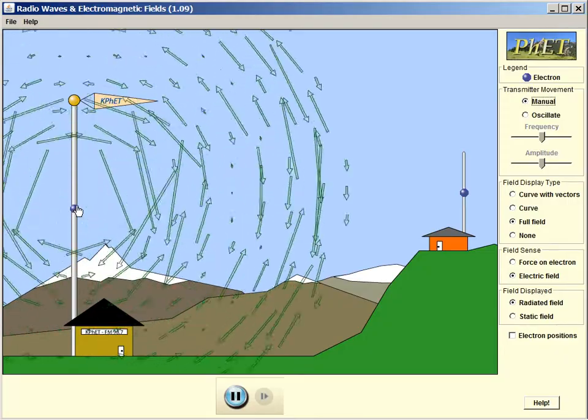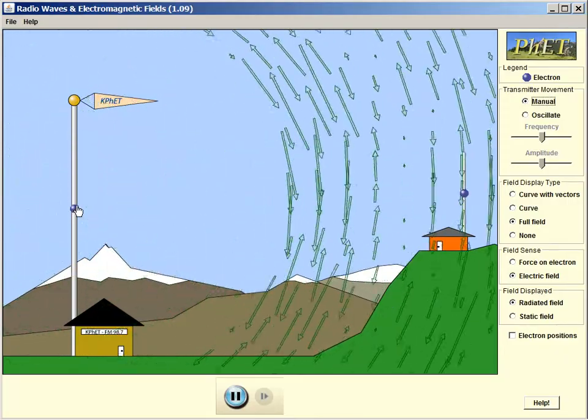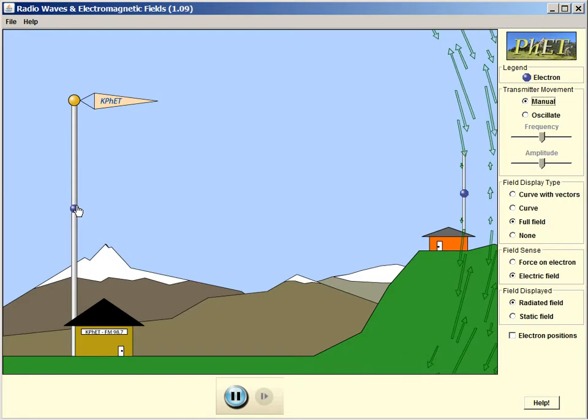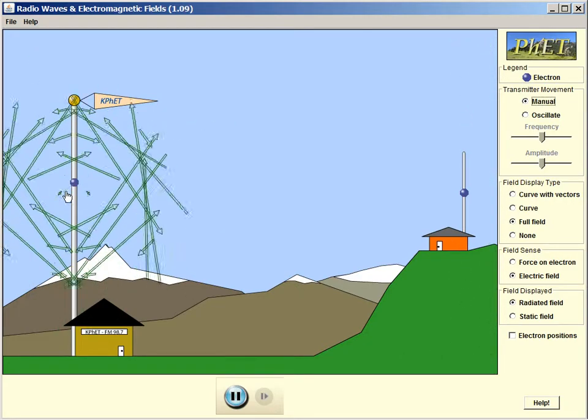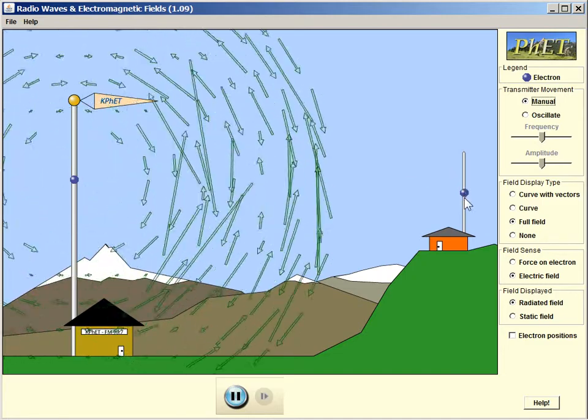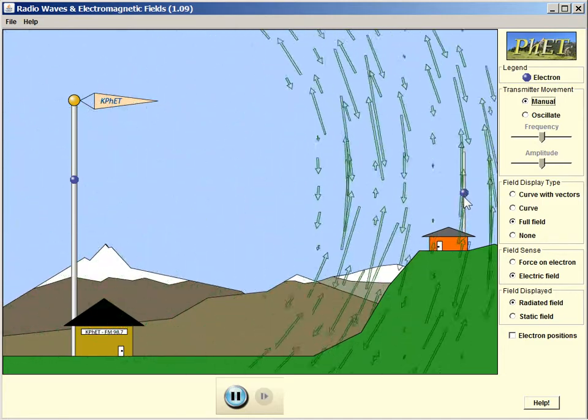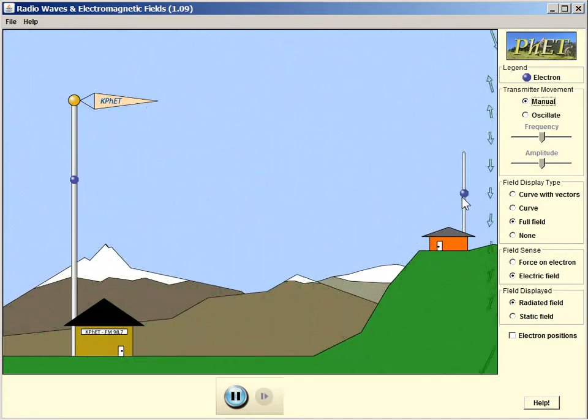So it's emitting light. We're only interested in electric fields here. Notice it picks it up. The electrons in that antenna are budging a little bit, so it's enough to amplify that signal and pick it up.